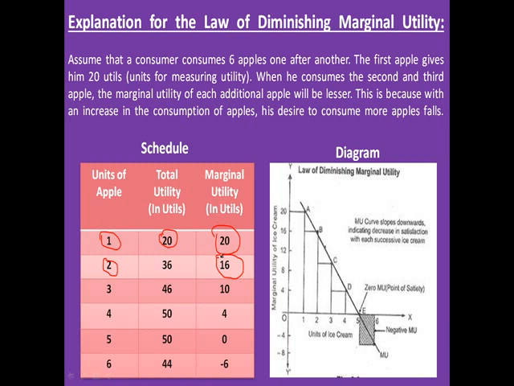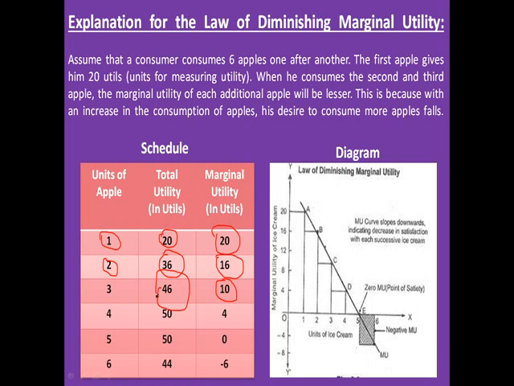From the first unit he derived satisfaction of 20, but due to the operation of the law of diminishing marginal utility, his satisfaction from the second unit is now 16, and from the third unit it is 10. So it is gradually decreasing. Looking at the total utility, it is gradually increasing but at a diminishing rate.